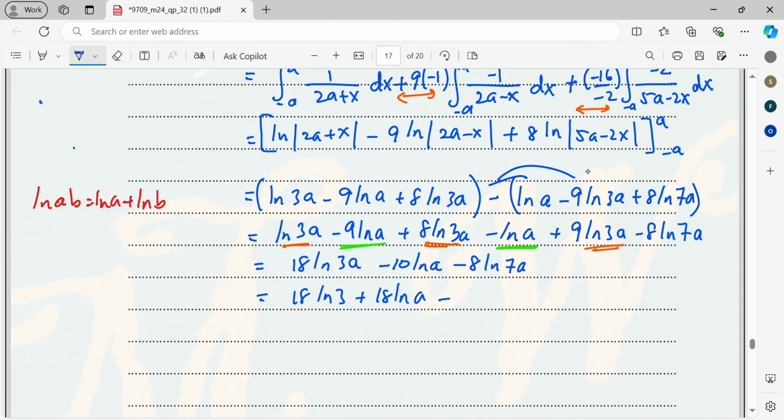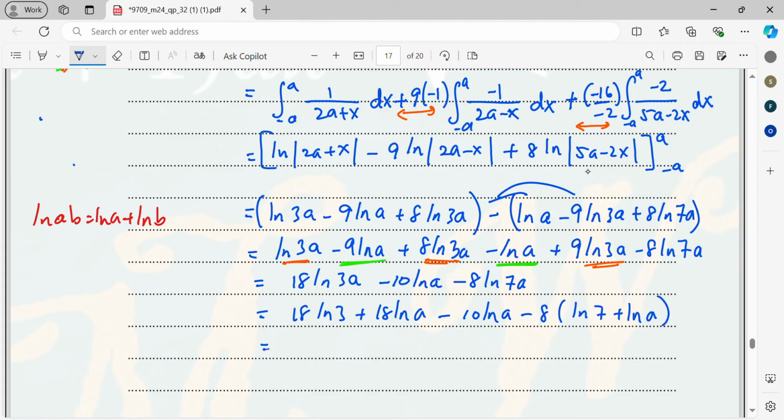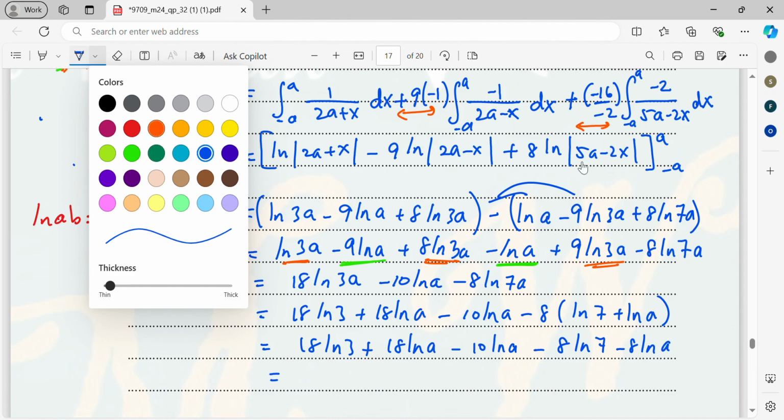Then minus 10 ln a minus 8 ln 7 minus 8 ln a. Therefore, this is going to be 18 ln 3 plus 18 ln a minus 10 ln a minus 8 ln 7 minus 8 ln a. Then from here, just simplify.